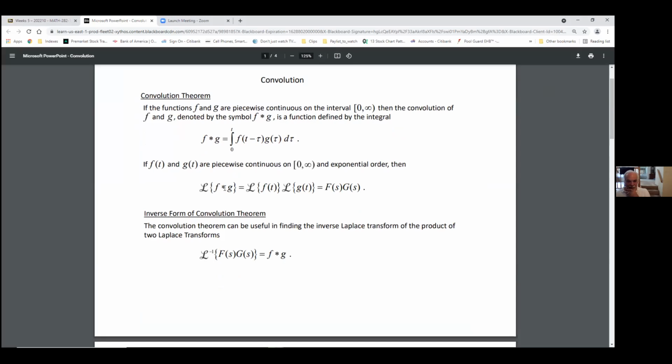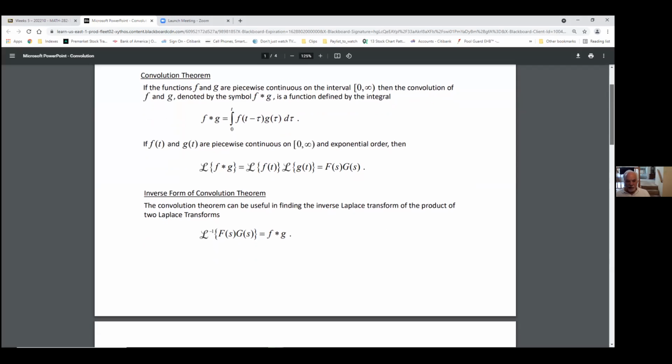If you have two functions, and this is the definition of convolution, then instead of breaking it up into partial fractions, you can take the convolution of the two functions, and that gives you the inverse Laplace transform. If I have two functions that look like this, that's just a convolution.